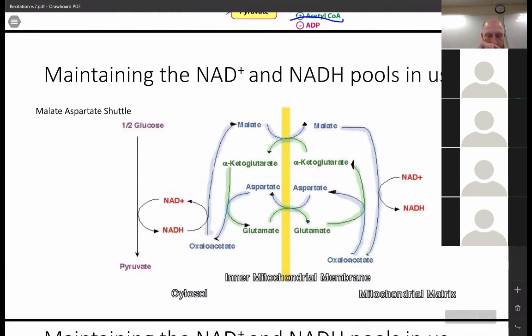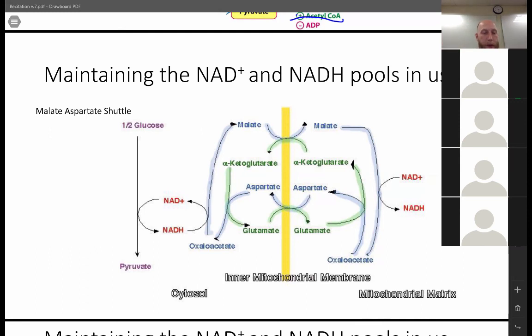And then I really wanted to go back over the NAD, NADH pools and why we want to maintain them. So say you don't have this malate-aspartate shuttle, and all you can do is make NADH from the oxidation of glucose to pyruvate.